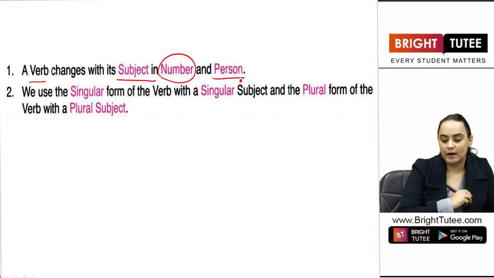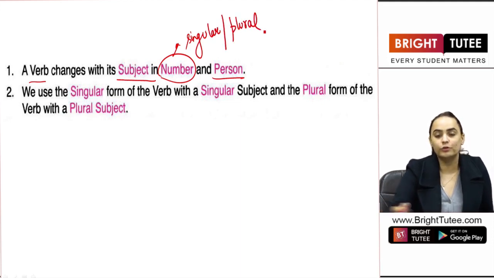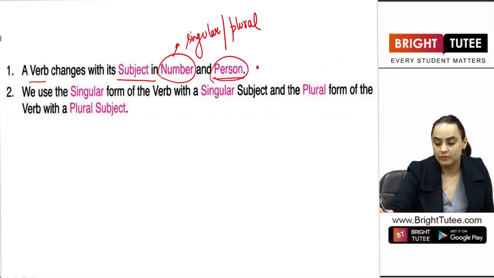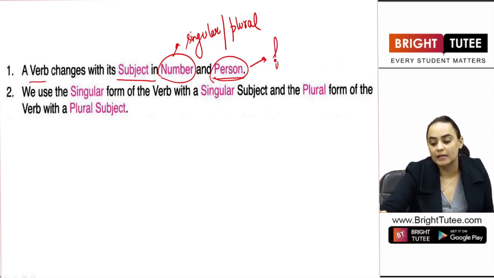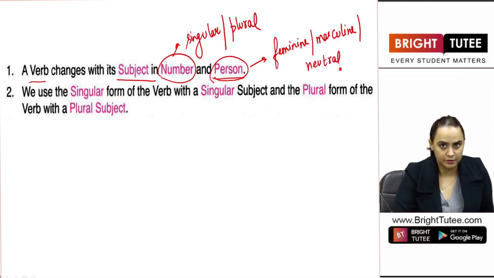If I talk about my subject, number means my subject can either be singular or it can be plural in nature. Right? Similarly, when I talk about person, my subject can either be feminine, it can be masculine, or it can be of neutral gender or even a common gender, right?